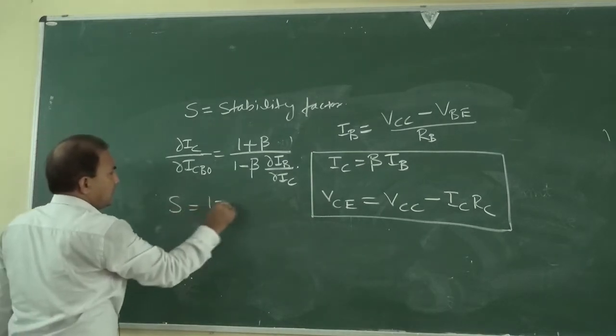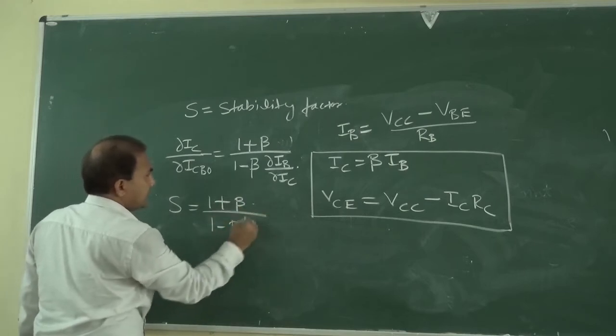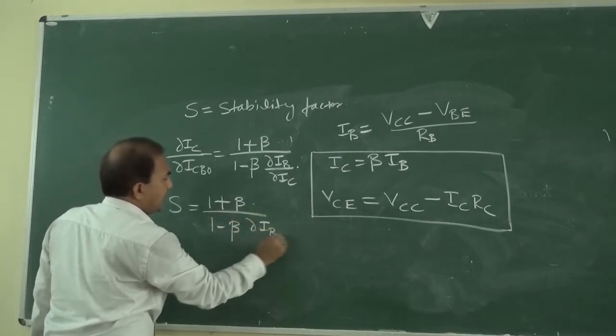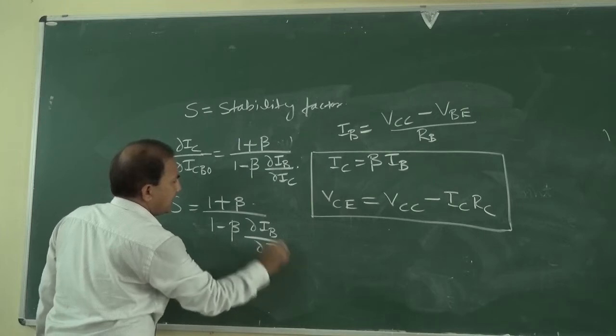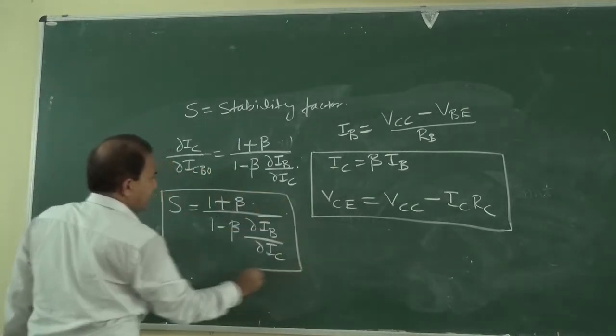It is equal to 1 plus beta divided by 1 minus beta into del IB by del IC. So this is the expression for the stability factor.